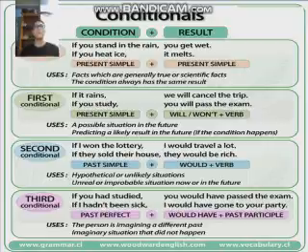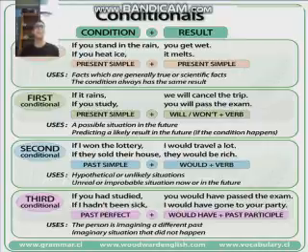What is a conditional sentence? Well, conditional sentences are structures that you use when you want to express a possible action and its consequences. As you may know, in English we have several types of conditional sentences.